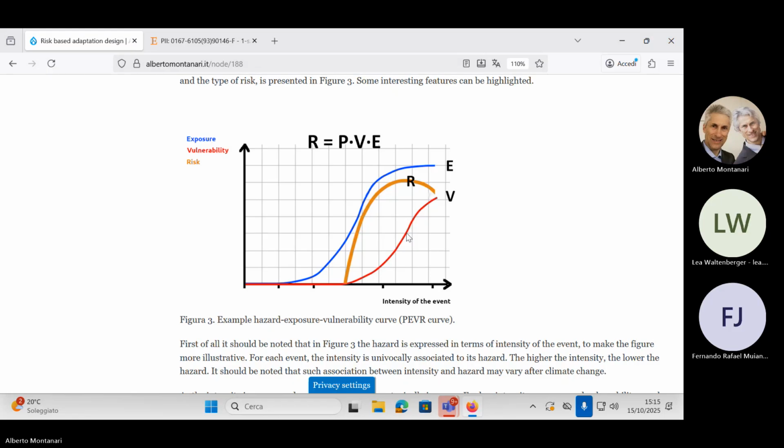Okay, let's forget now about the blue line and the orange line. We never considered it so far. Let's focus on vulnerability. Vulnerability, again, you can plot it on the vertical axis with a different scale, because it varies from 0 to 1. Vulnerability may say 0 up to a certain intensity of the event. This means that up to a certain earthquake, I am not vulnerable.